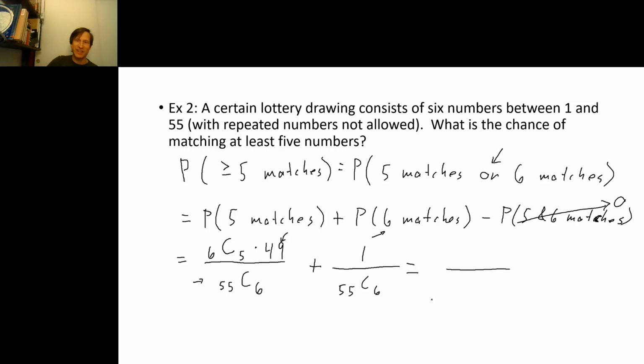So 55 choose 6. Actually, I'm going to put these over a common denominator. They are over a common denominator, so I can just add the numerators. So the denominator here is 55 choose 6. And that's 28,989,675. And for the numerator, we have, let's see, 6 choose 5, that's 6 times 49 plus 1.